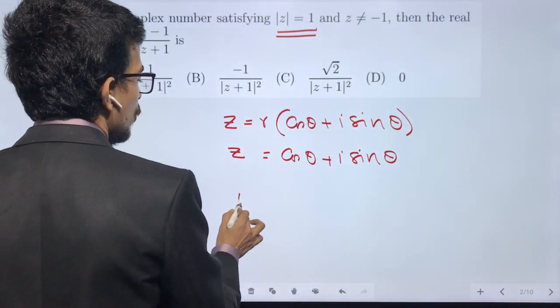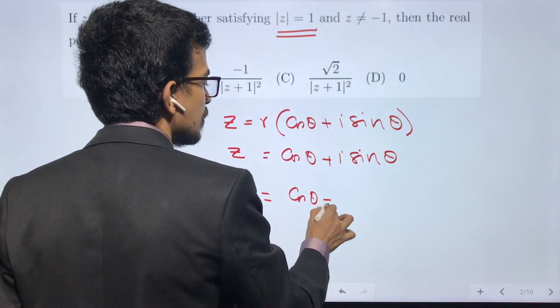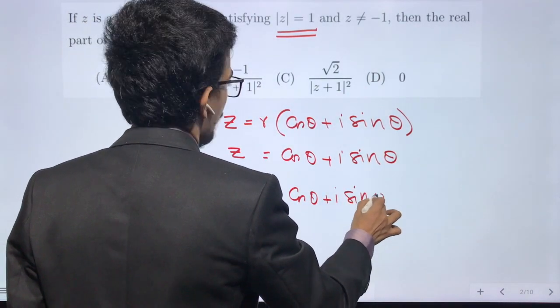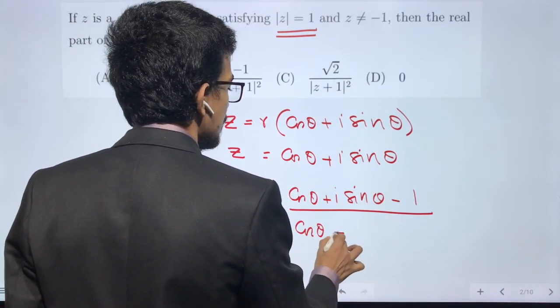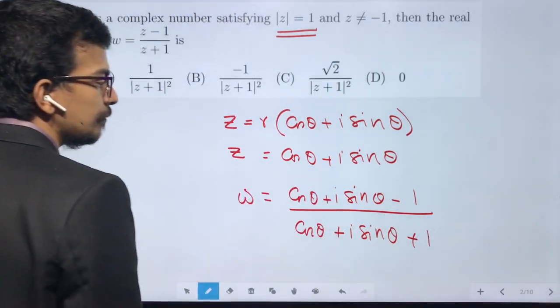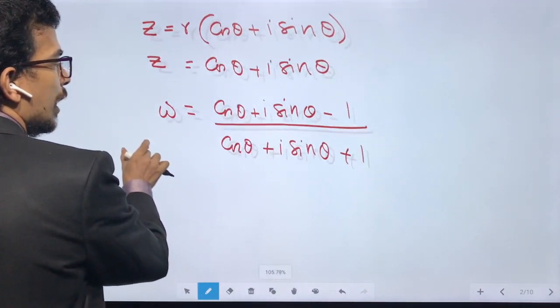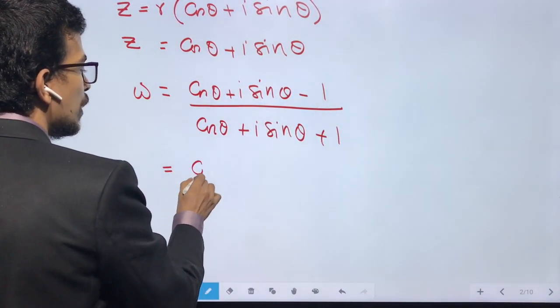So our omega is going to be z minus 1 by z plus 1, that is cos theta plus i sin theta minus 1 by cos theta plus i sin theta plus 1. Now again, just like we did in the previous part, we have to rearrange it.